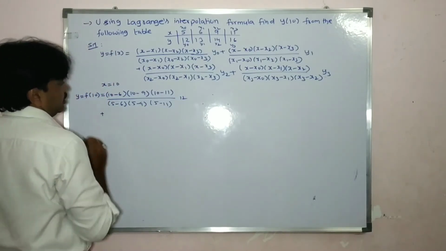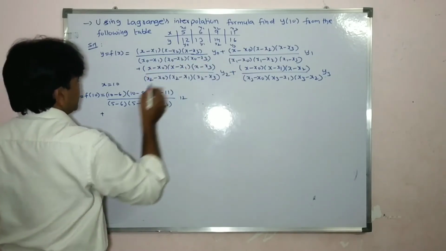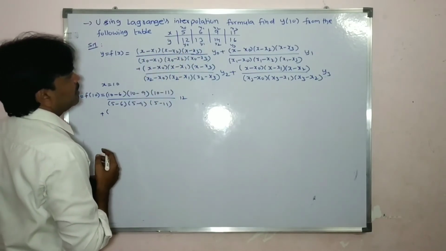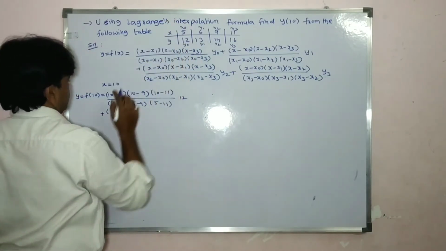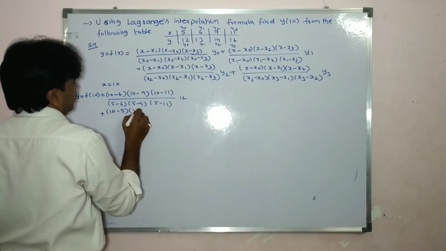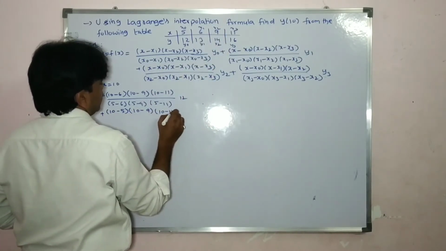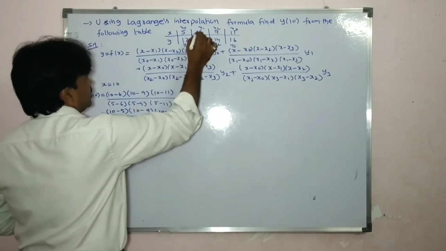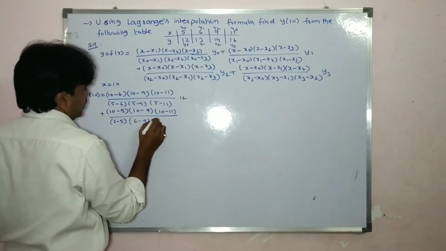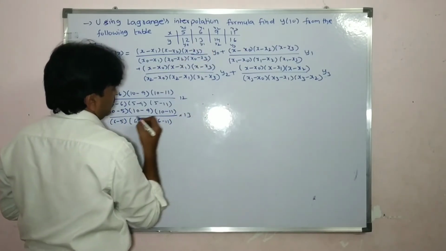Plus, x minus x0; this time skip 6. So (10 minus 5)(10 minus 9)(10 minus 11) divided by, you write 6, (6 minus 5)(6 minus 9)(6 minus 11) into y1 value, 13.